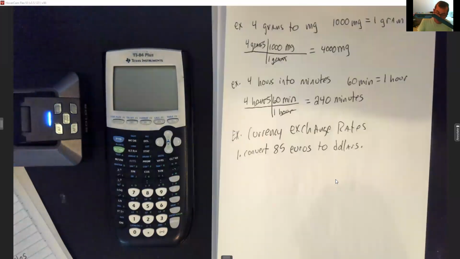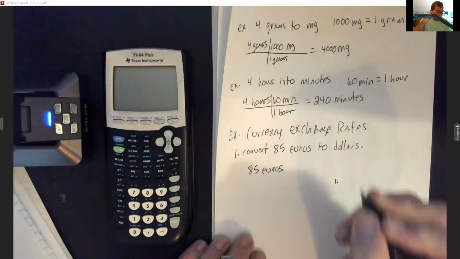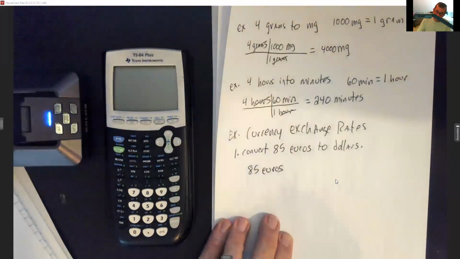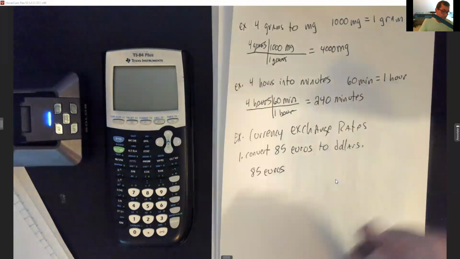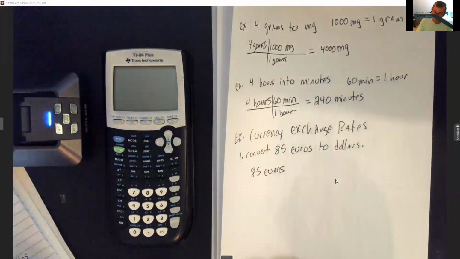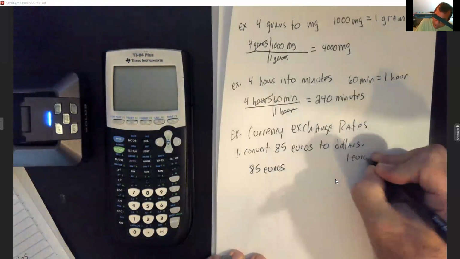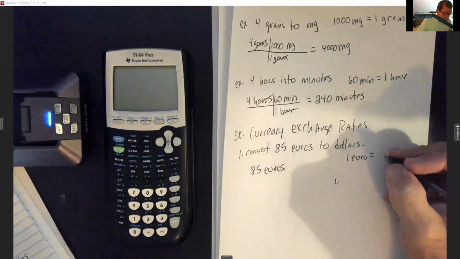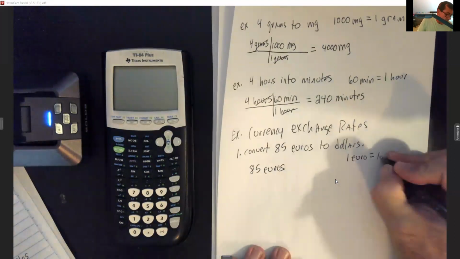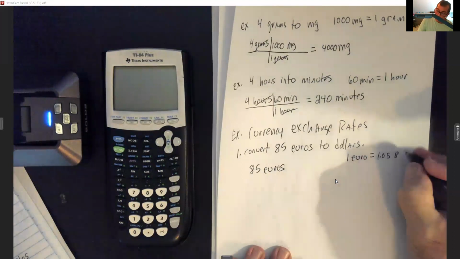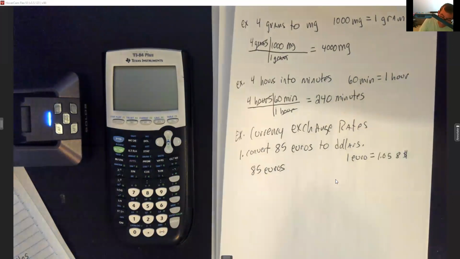So I'll start with my 85 euros. And this is telling me that, let's see, 1 euro from that chart we said was what? 1.058 US dollars. Okay. So we started with 85 euros.